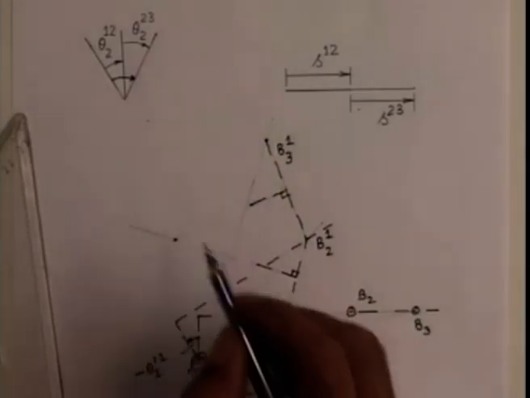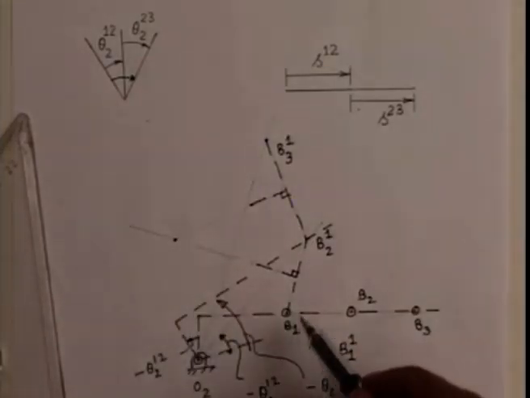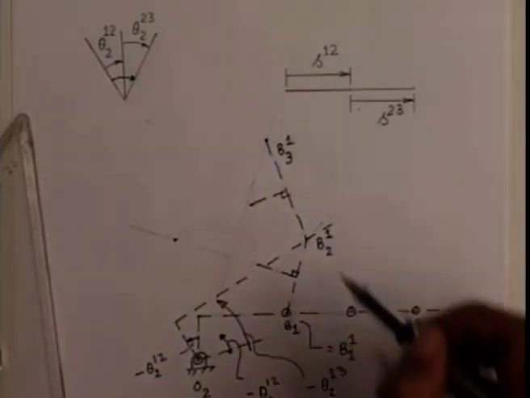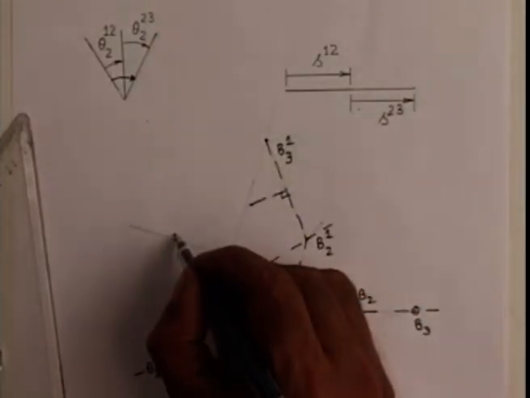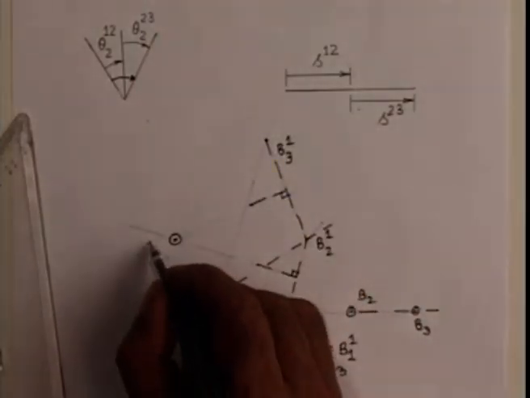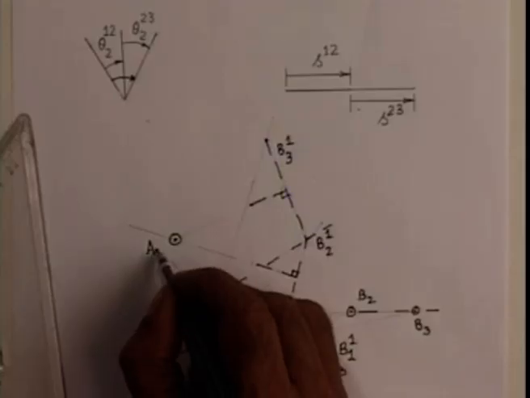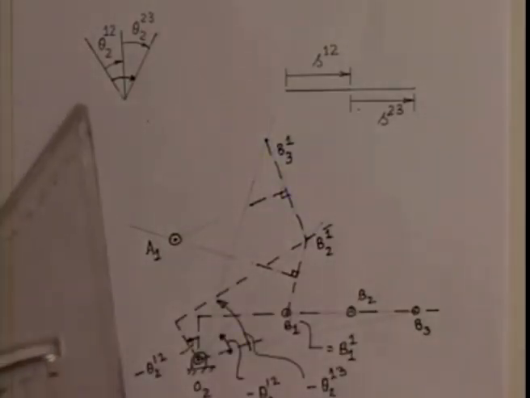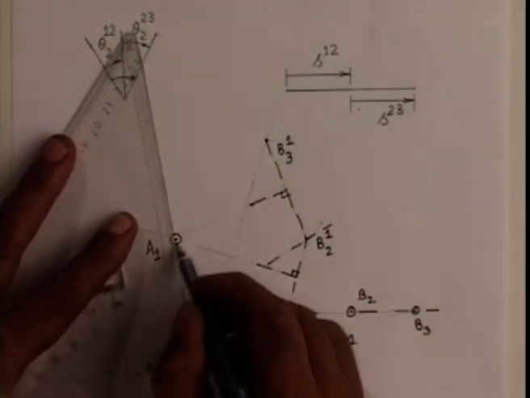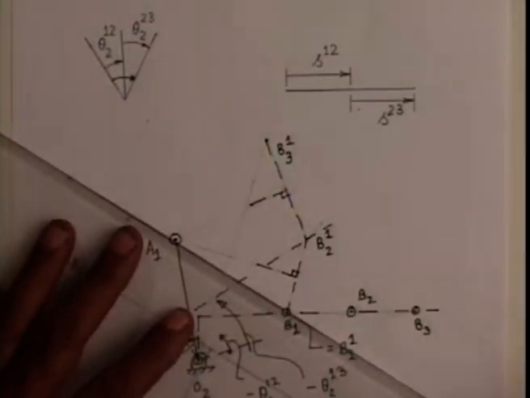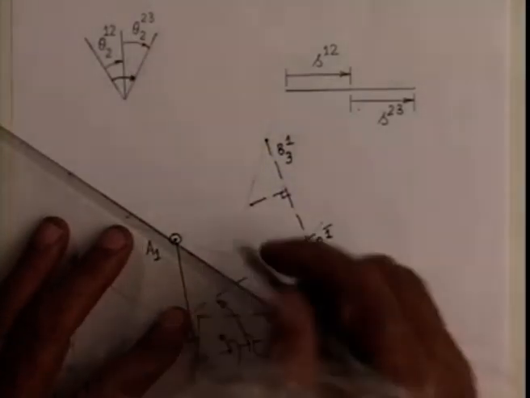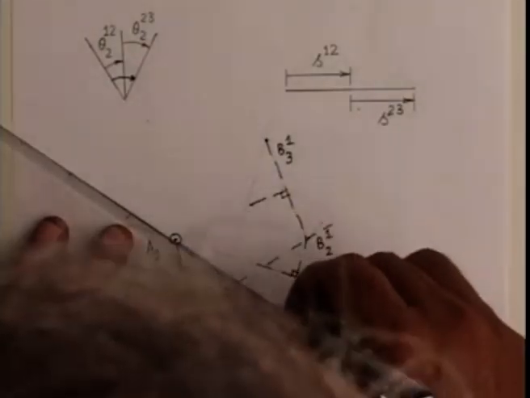These two lines intersect to determine the center of the circle passing through B11, B21 and B31, and we get A1. So we have designed the required slider crank mechanism O2, A1, B1.